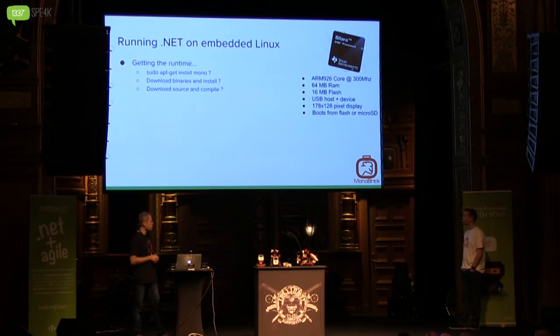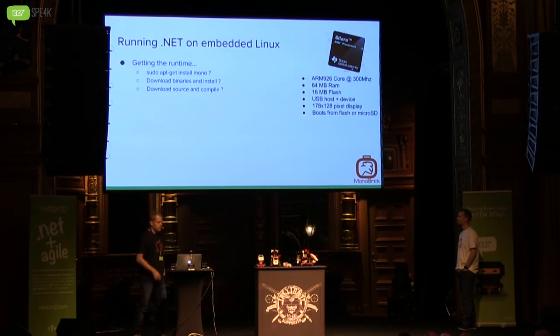But then, of course, the source code for the Mono framework is available, so we just download that and compile it. That sounds easy, but the first thing is that you can't just compile it on the EV3, because it doesn't include a C++ compiler, and if it had one, it would still take too long.